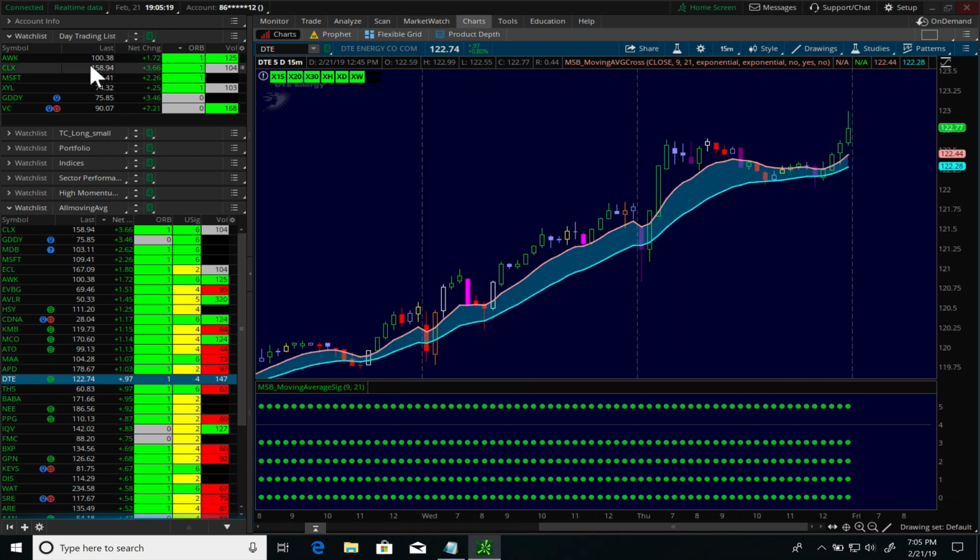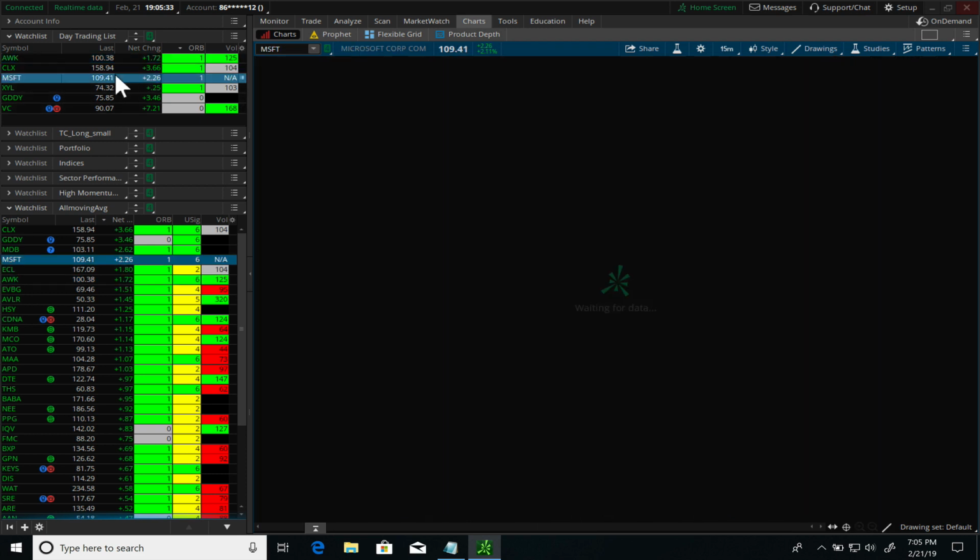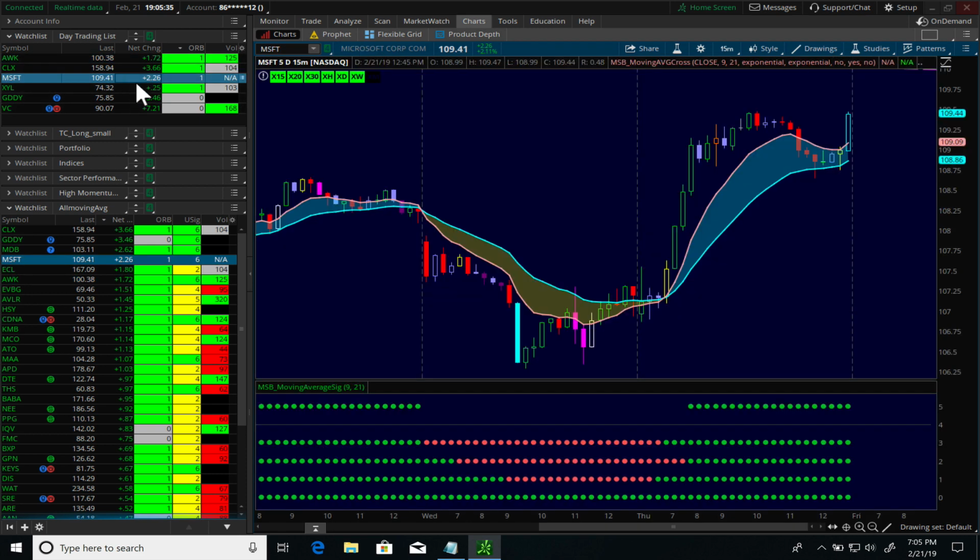So we can again look at some of these stocks as part of the day trading list that I have, and as you can see, these have been doing well because everything is aligned in your favor. Let's look at Microsoft on the 15-minute time frame as well. Now, the same thing happened. You got a buy signal.